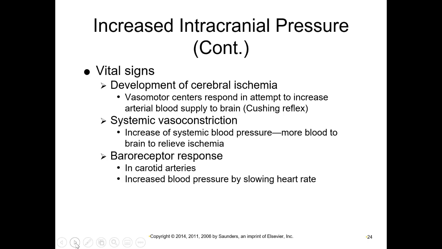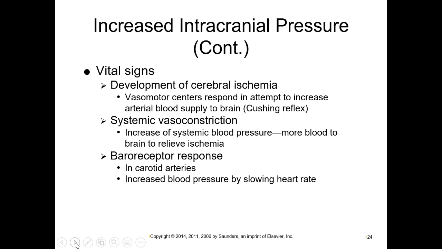Other things with increased intracranial pressure: vital signs. Vital signs will change based on what's going on in the brain. With the development of cerebral ischemia, vasomotor centers are going to respond to try to increase blood supply to the brain.